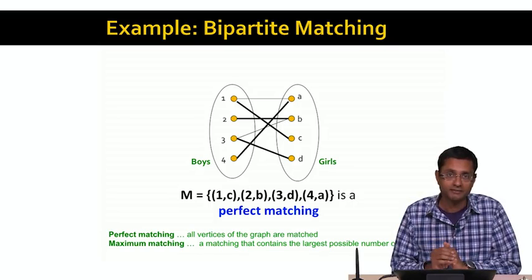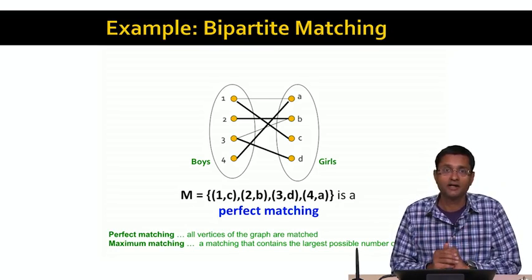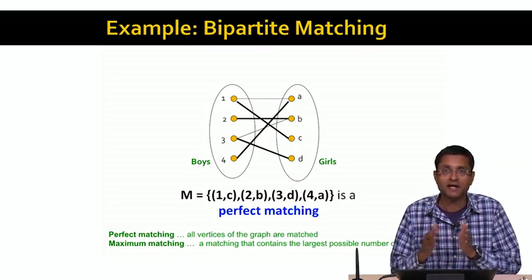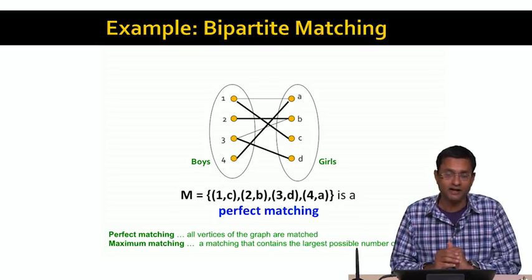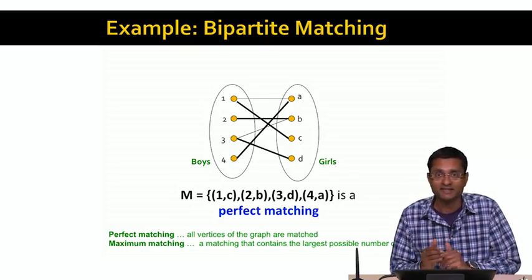To clarify our terminology, a perfect matching is a matching that matches every vertex or every node in the graph. And a maximum matching is a matching that is as large as possible for the given graph. For example, in this case, the matching M is both a perfect matching and a maximum matching.